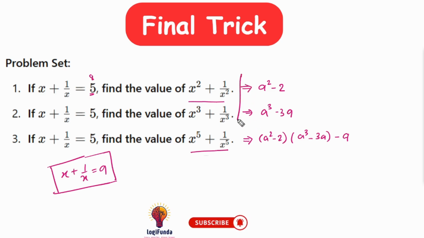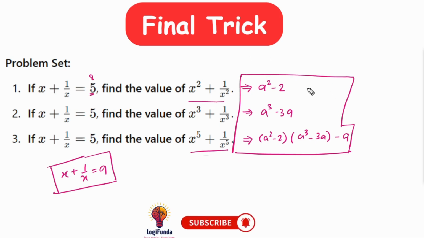So these are the final formulas that you need to remember for the competitive exam if you would like to solve this question. So also solve this and check whether these formulas are correct or not.